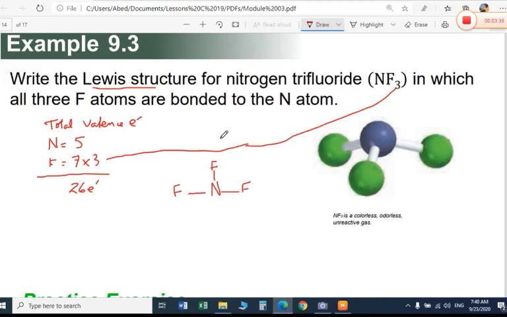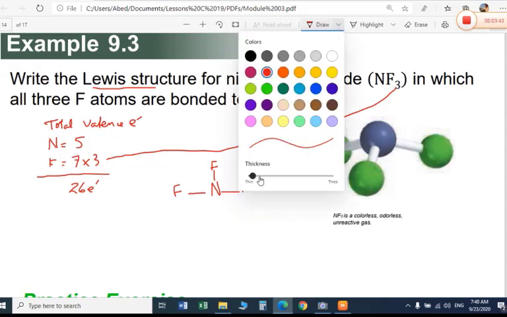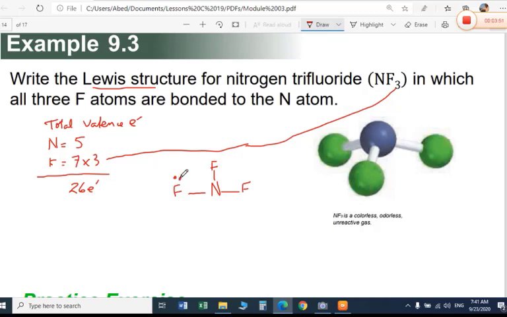So let me make my marker a little bit thicker so you can understand better. Here, fluorine has 1, 2, 3, 4, 5 and 6 electrons, and 2 electrons here in the bond, so the total will be 8.